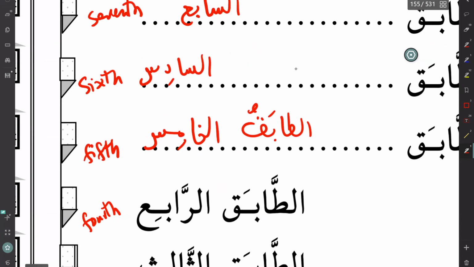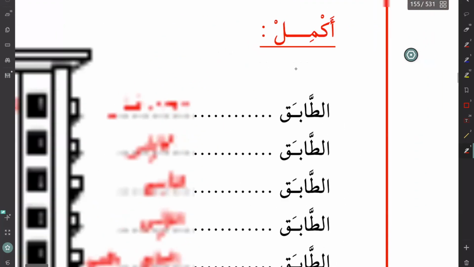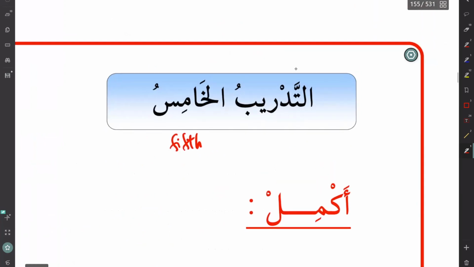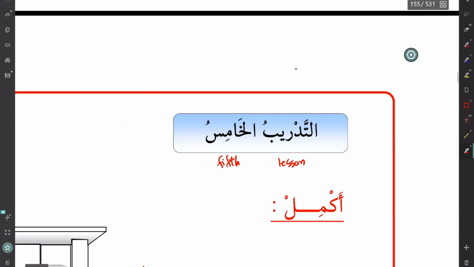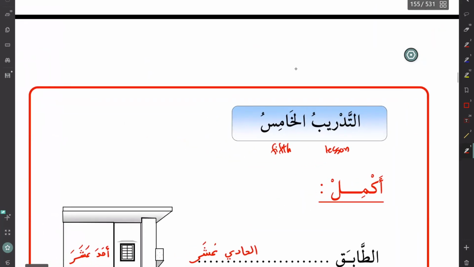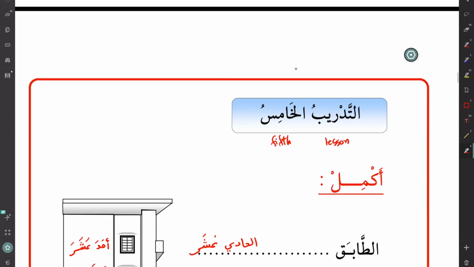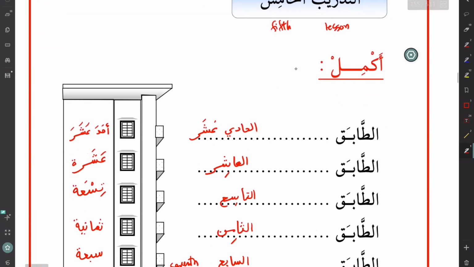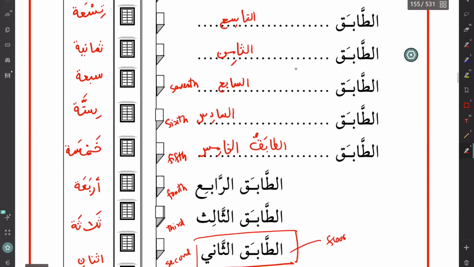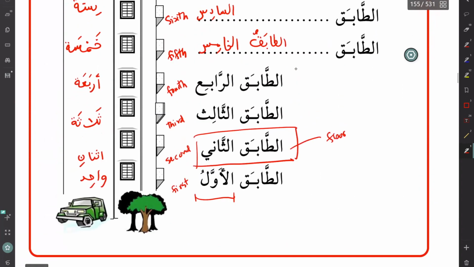Here we're saying at-tabaqu, which is the floor. We're saying the fifth floor. Here we're saying the fifth lesson. Ad-dars is lesson. Okay, so from now on, inshallah, I want you guys to pay attention to this exercise numbering, so that will help you with what? With these order numbers, right? Ordinal numbers, right? So it's clear so far.